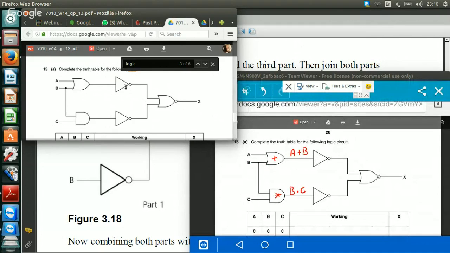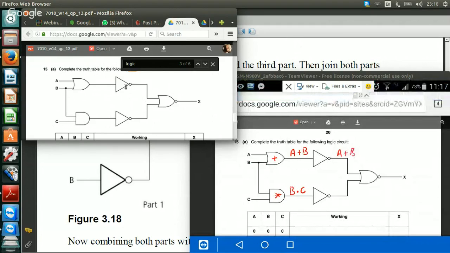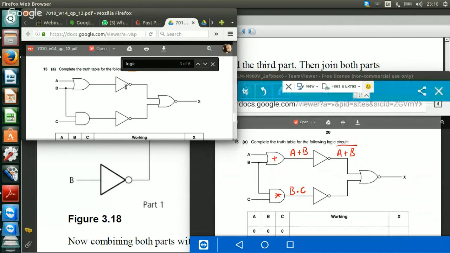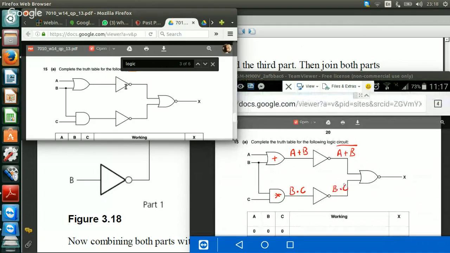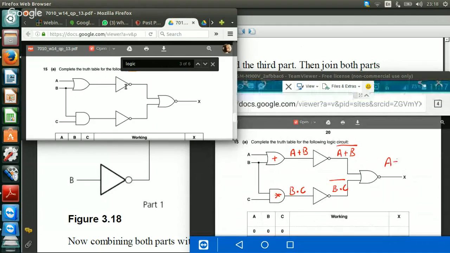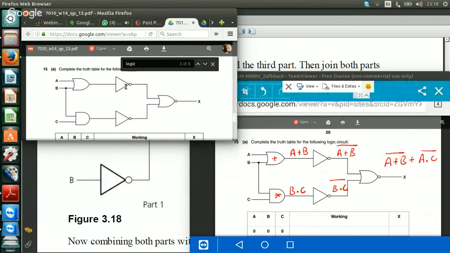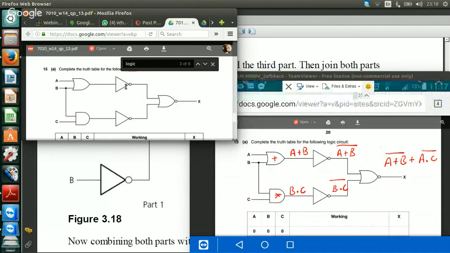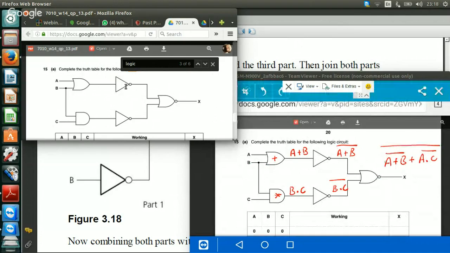So A plus B will get negated, and B dot C will get negated, and this is the X. Basically, X will be A plus B plus A dot C, and this whole thing will get barred because this is a NOR gate. Okay. So this is how you're going to write down the equation for the logic circuits.